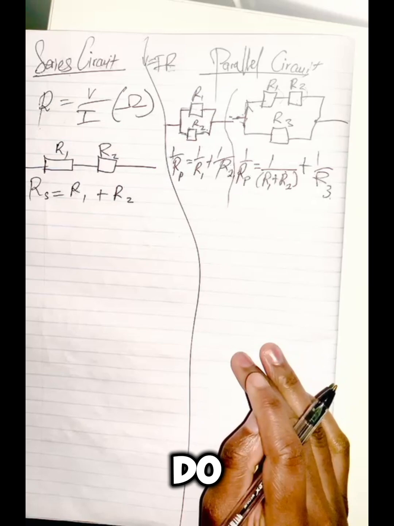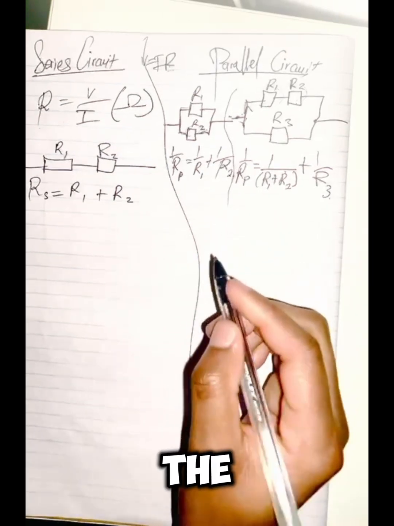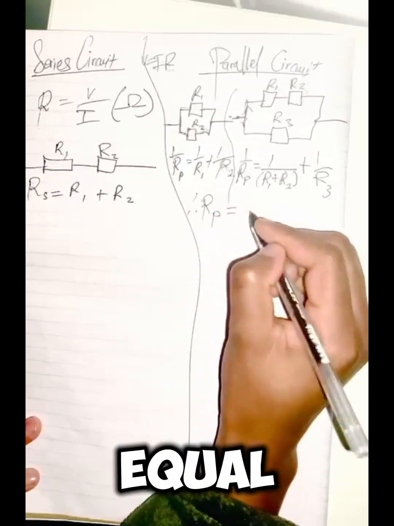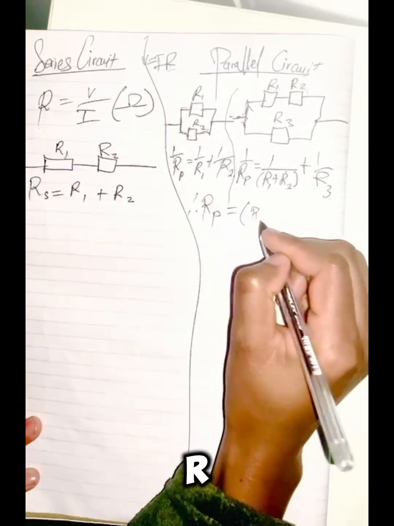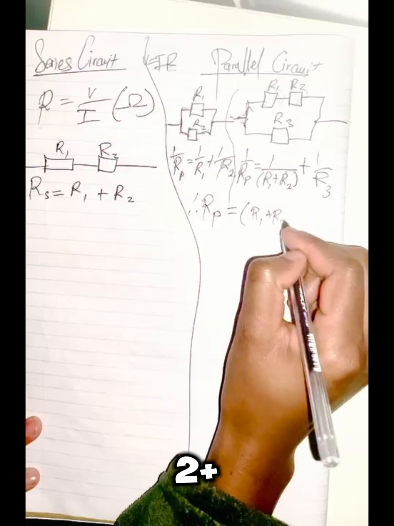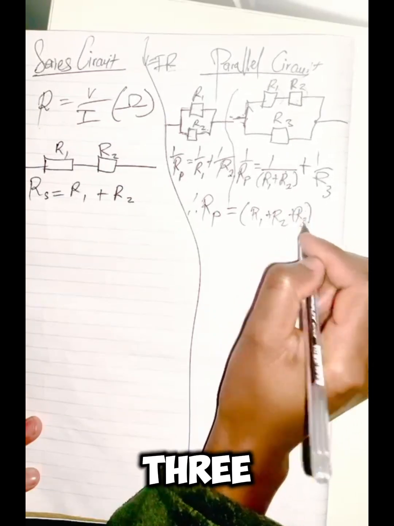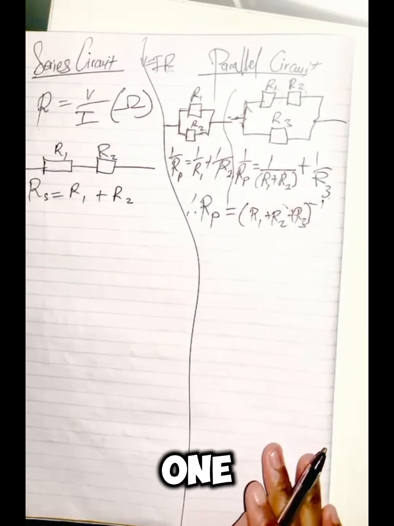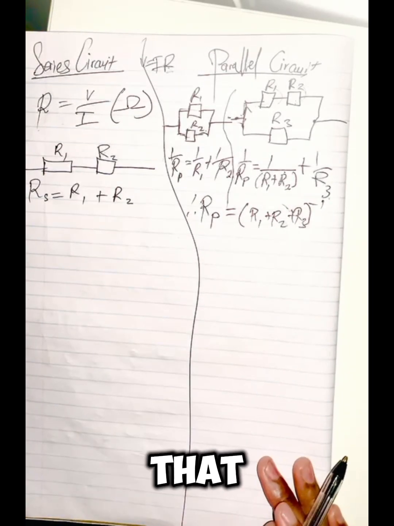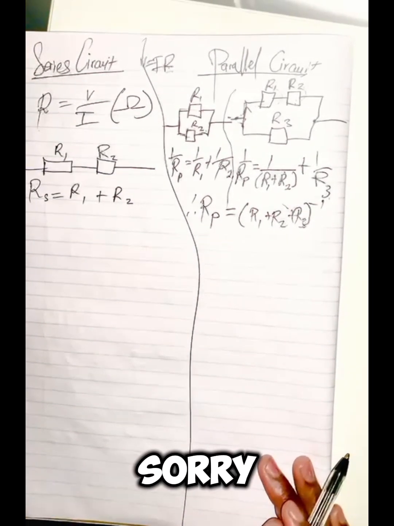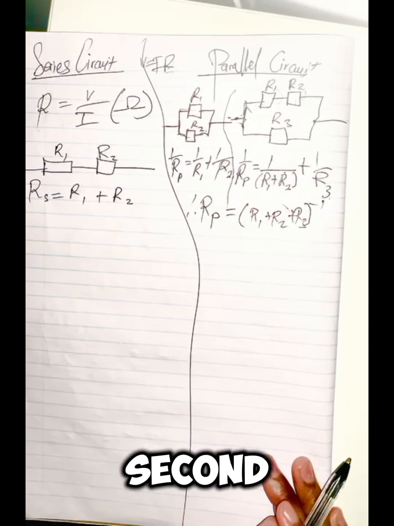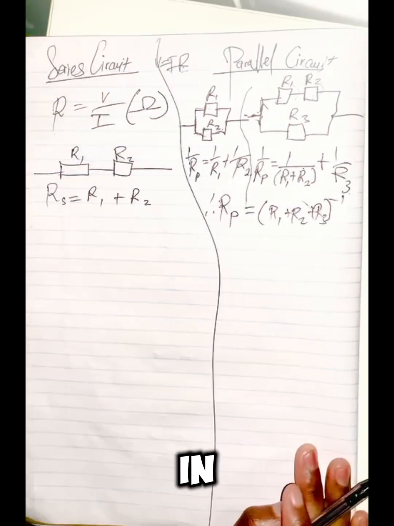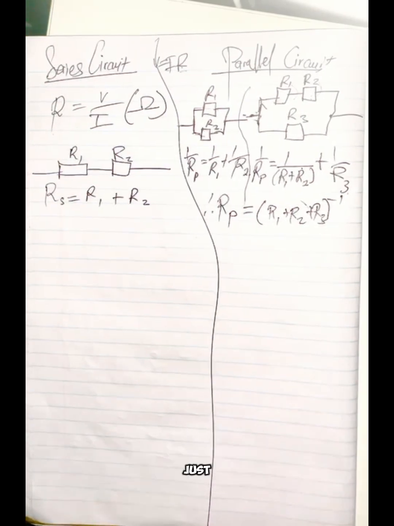What we need to do at the end is to take the inverse of this, so Rp must be equal to the inverse of these, right, for each and every one of them. So you need to remember that when you see a parallel circuit, you need to first check if there's anything connected in series, just like that.